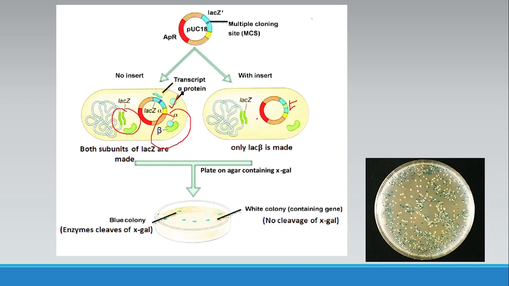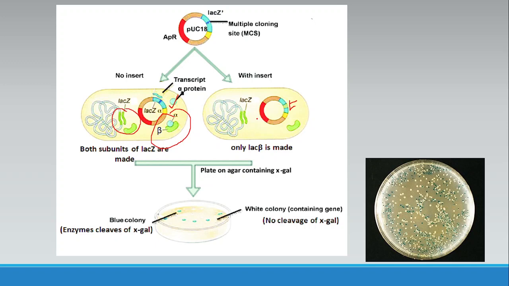Whereas the cells with the insert, that is the recombinants, what do I mean to say? They do not make a functional beta galactosidase. Why? Because they have the foreign DNA disrupting the lacZ gene. So those cells will be white in color.